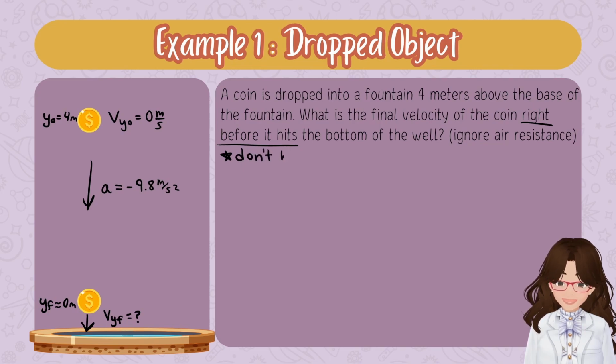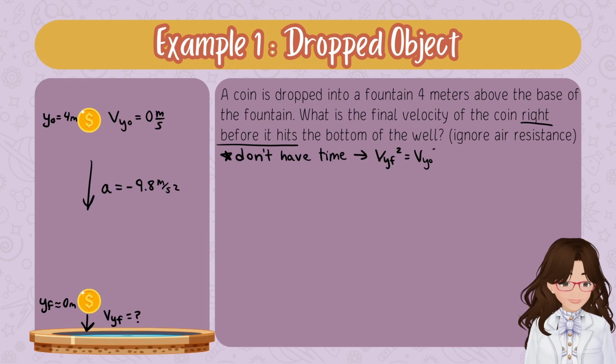The key thing here is we don't have time. Yes, you could solve for it using the displacement and time equation, but honestly, we can do it using a different way. We do have displacement and velocity, and there's an equation that uses those two. That equation is going to be Vy final squared is equal to Vy initial squared plus 2 times Ay times delta y.